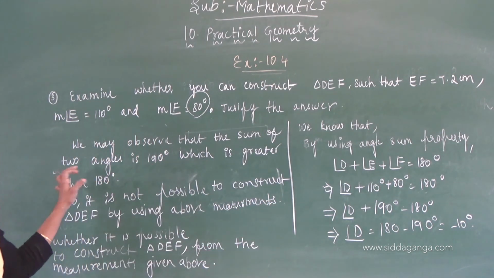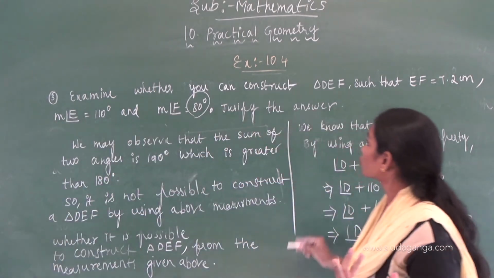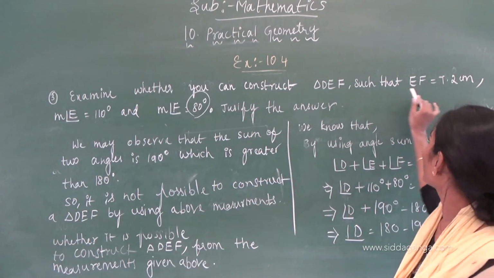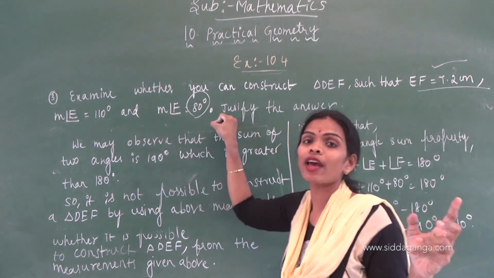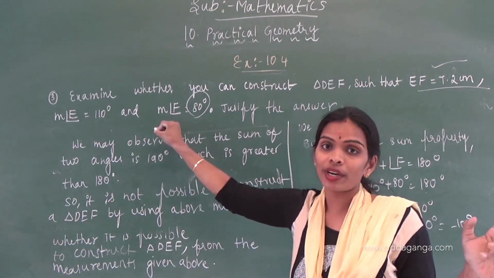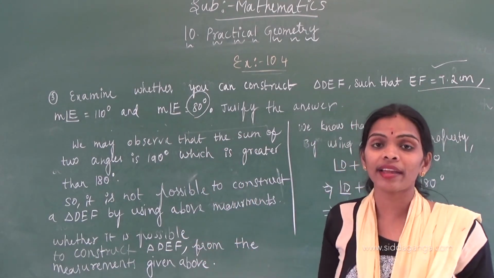Okay, children. Here they have given the wrong measurements to construct a triangle. The base as 7.83 is okay, but here angle E and F they are giving as 110 and 80. If you add these only, then we are getting 190 degrees.